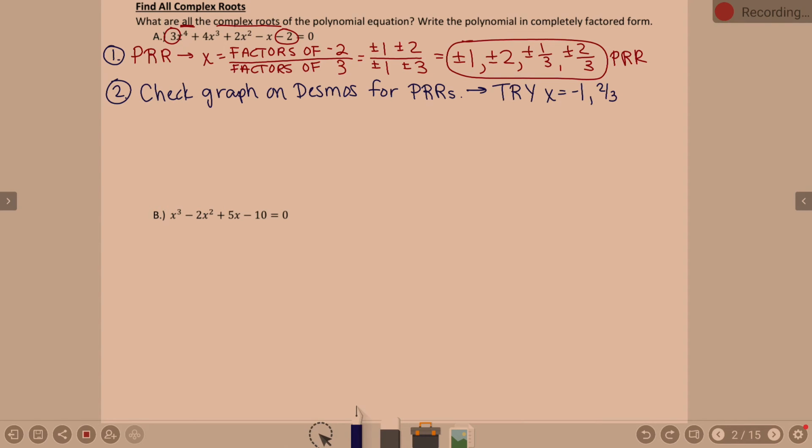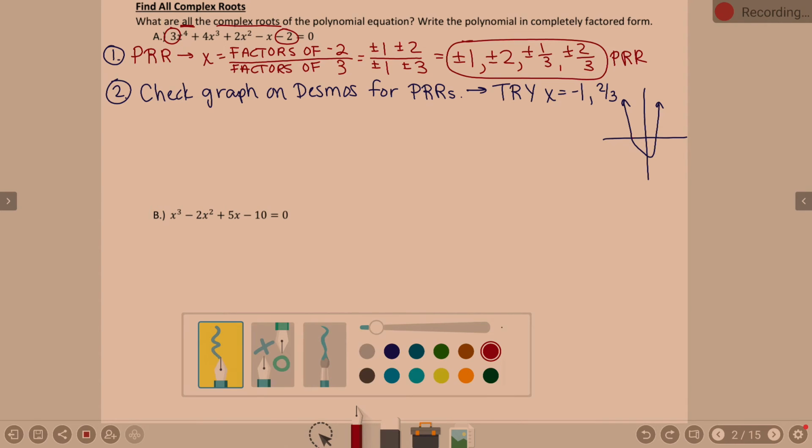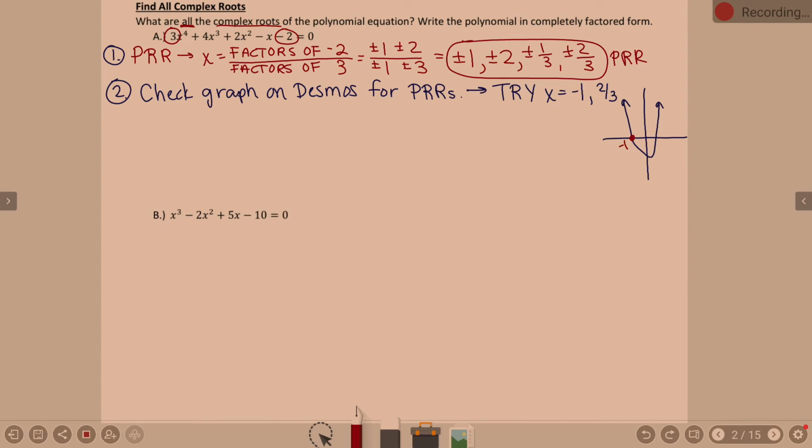If I put a little sketch over here, it looks something like this. And the idea, so you have something to look at in homework, is that this one looked like -1, and this one we think looks like 2/3.